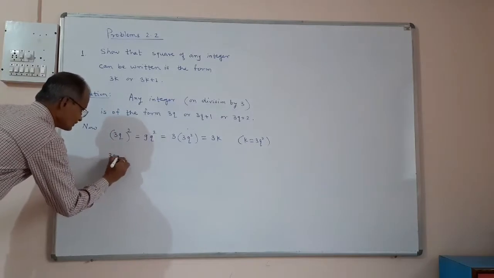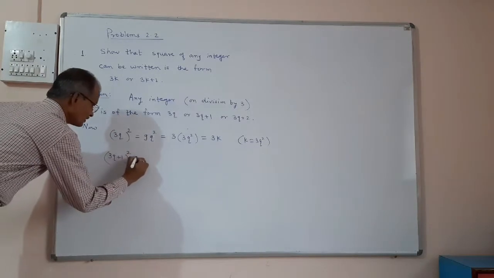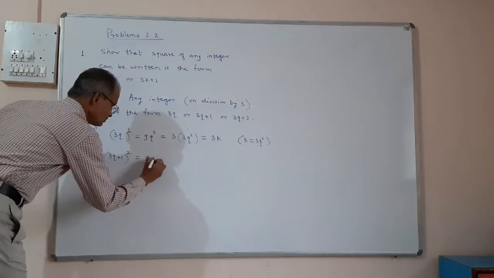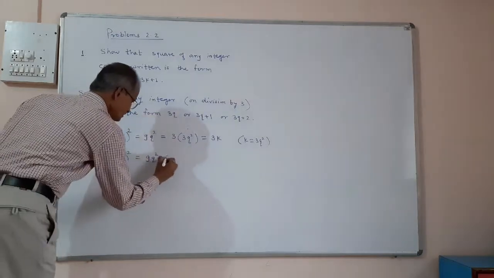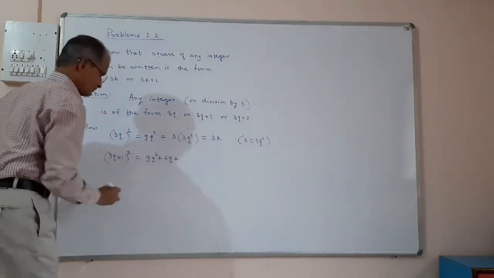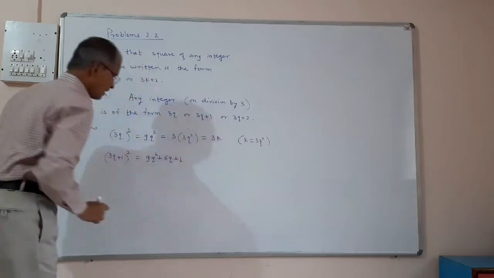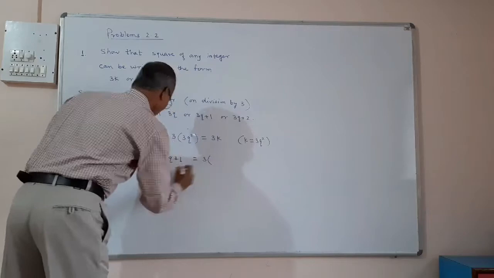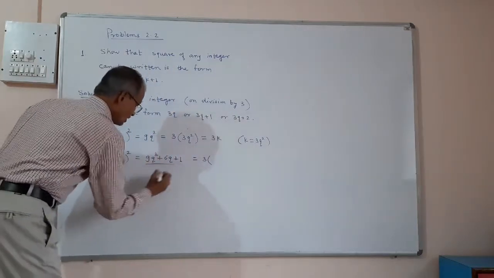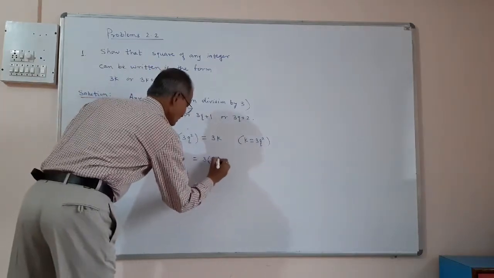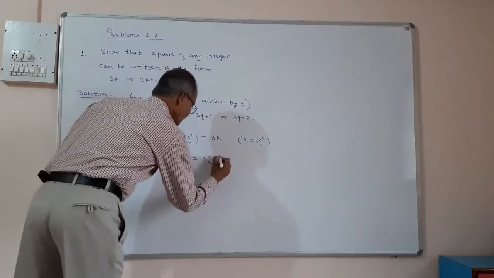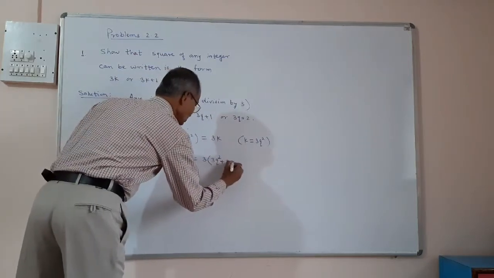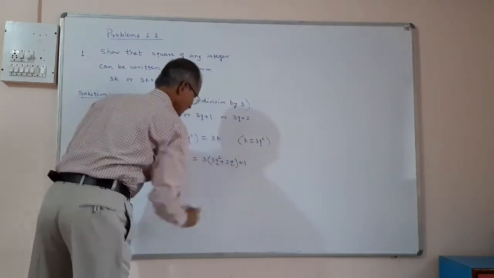Further, next, 3q plus 1, square of 3q plus 1. So it is 9q square plus 6q plus 1. We check this. And now we can write this with 3 common in bracket from these two. So it is 3 times 3q square plus 2q, and plus 1 separate.